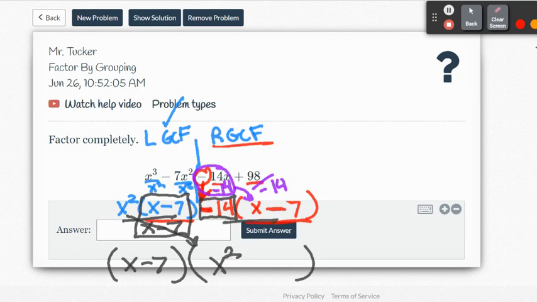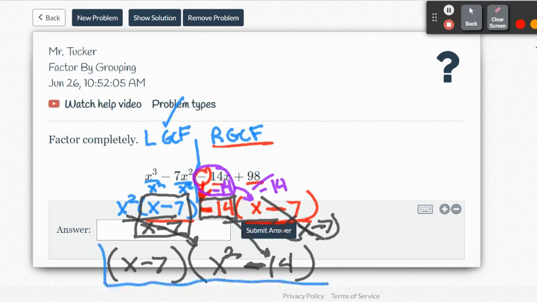Then I divide the second term by x minus 7, and I'm left with this negative 14. Now I double-check to see if anything factors further. This is not a difference of squares, so I'm going to leave it alone. And that will be my factor by grouping, the GCF being a common binomial factor at the next step.